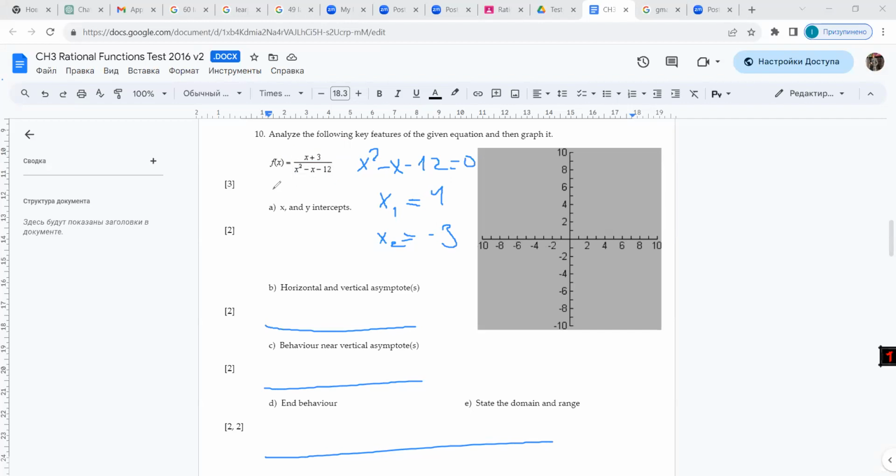You factor it in the following way. You get x plus 3 divided by x plus 3 times x minus 4. x plus 3 gets crossed out, so it's factored out, which means you'll have a dot discontinuity at x equals -3, I believe. Double check that, and we'll get back to it in 10 to 15 minutes, okay? Take your break, do whatever you need, and I'll get back to you in 10 to 15 minutes.